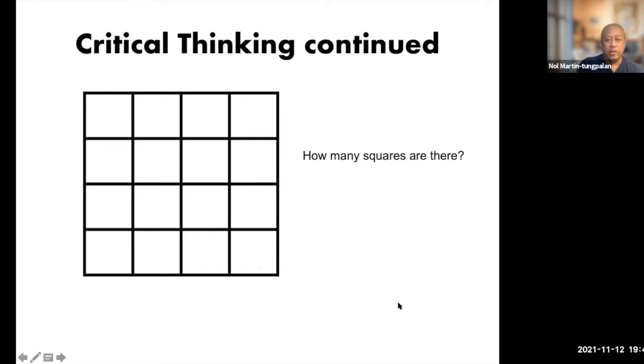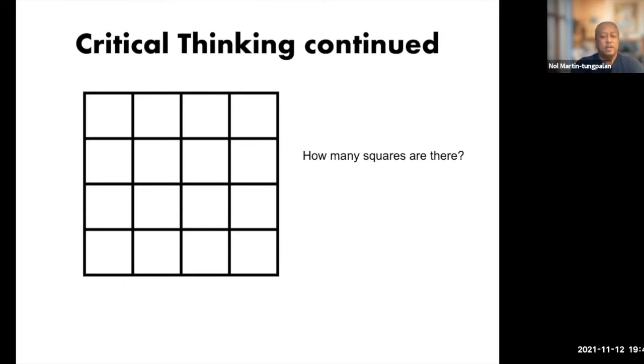Are there any other squares that we're missing? Did I miss something? Based on that number, there's 30 squares. Any comments about that?